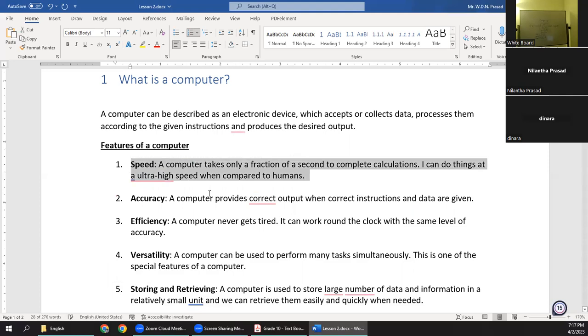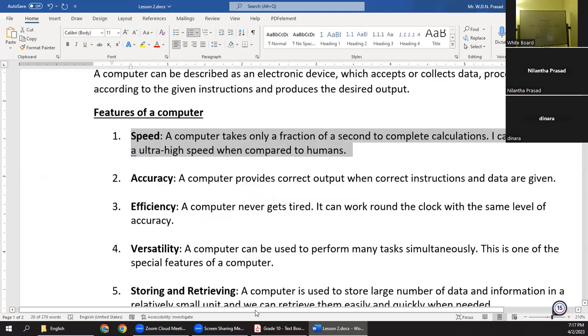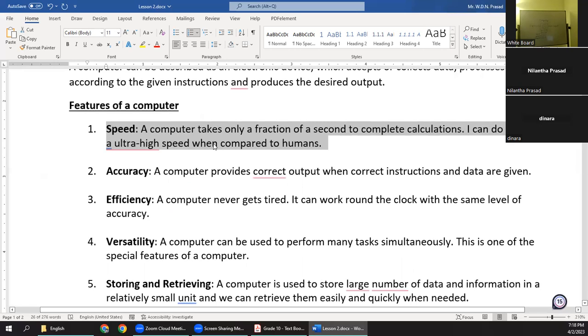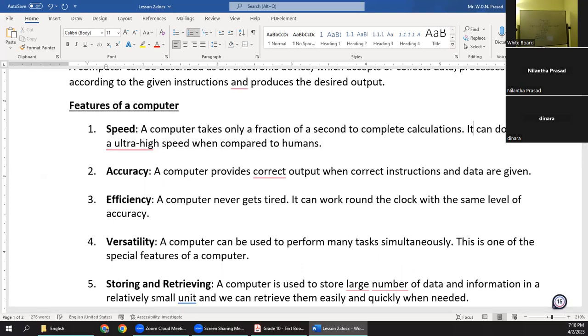Under first one, the speed, write this down. A computer takes only a fraction of a second to complete calculations. It can do things at ultra high speed when compared to humans. So the first feature is the speed.